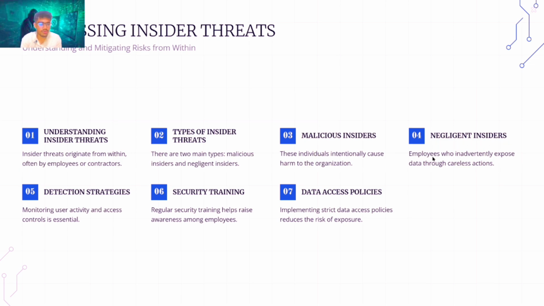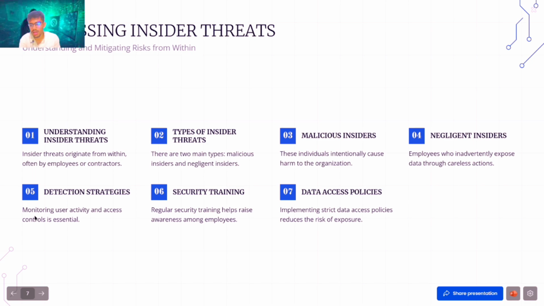Negligent insider: employees who inadvertently expose data through careless actions. Here the insider harms the organization. Here the employee exposes important company data to an opposition company. I hope you understand.